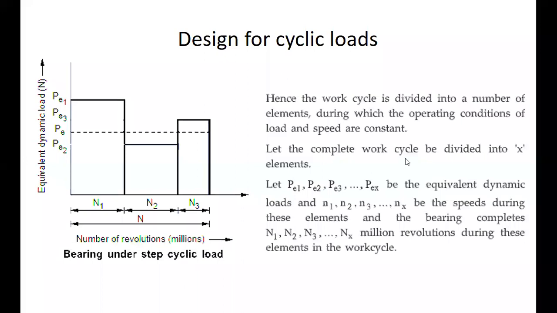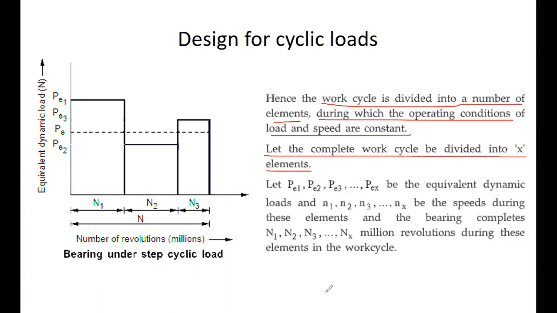Now, since we are working for a particular revolution, the whole work cycle is divided into a number of elements during which the operating conditions of load and speed are constant. Let the complete work cycle be divided into X elements, where P1, P2, P3 are the equivalent dynamic loads.